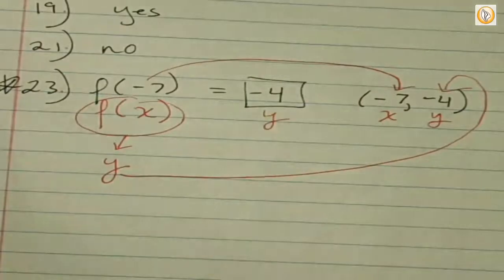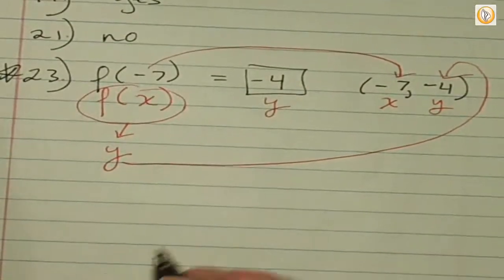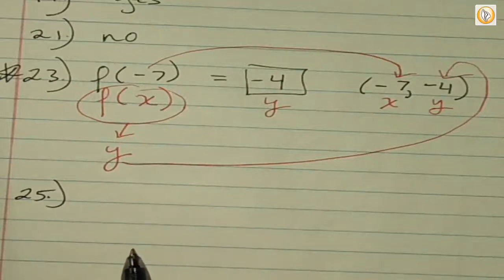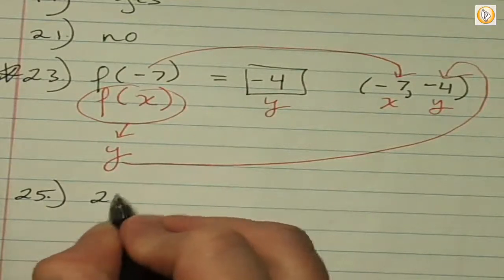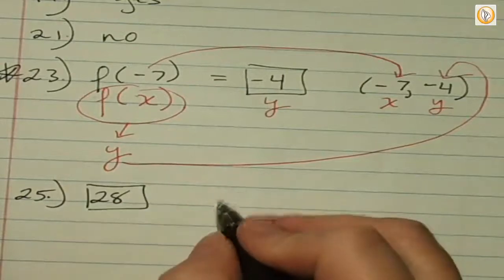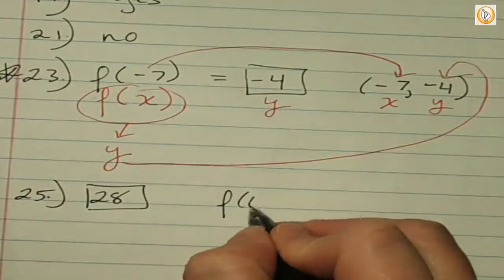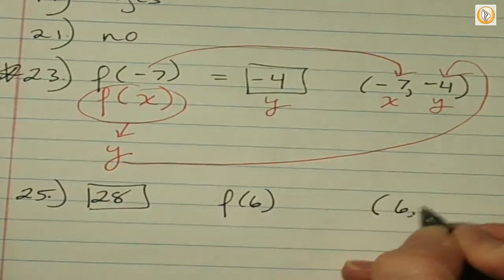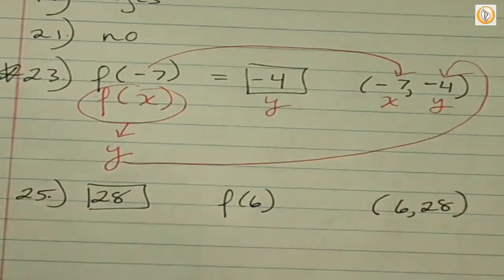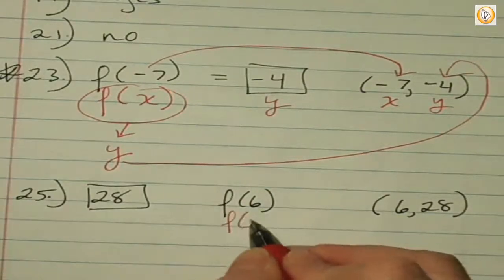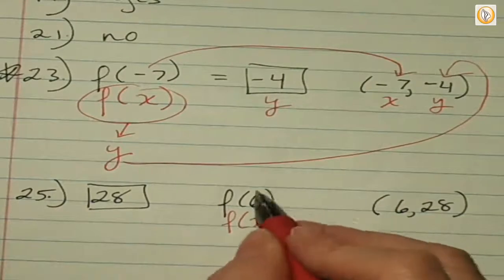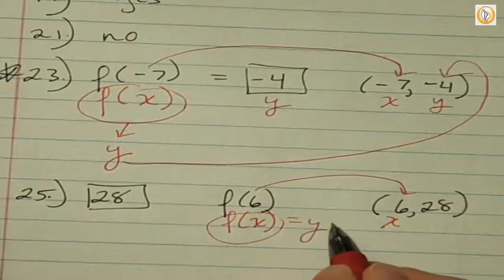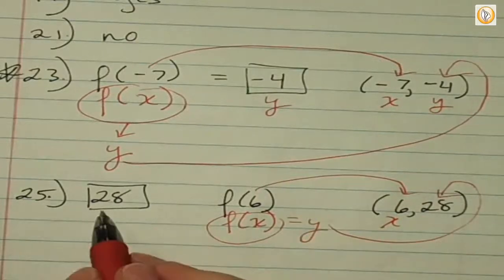Does that make sense? All right, Taylor, 25. 28. Yep. Because they gave you f of 6, and one of the ordered pairs says 6 and 28. So if this is f of x, 6 is the x, then the whole thing is 28. So the answer is 28.